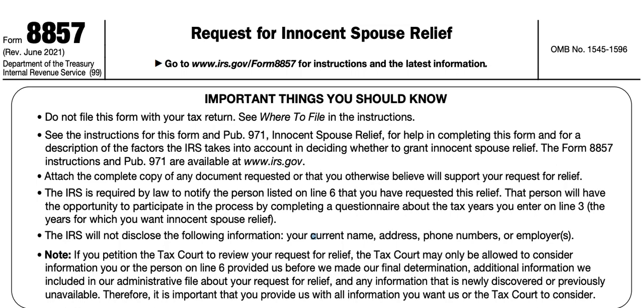Finally, the IRS will not disclose your name, address, phone numbers, or employers. However, if you do petition the tax court to review your request for relief, they may only be allowed to consider information that either you or the person on line 6 provided before the final determination, any additional information that the IRS includes in their administrative file about your request for relief, and any information that might be newly discovered or previously unavailable.